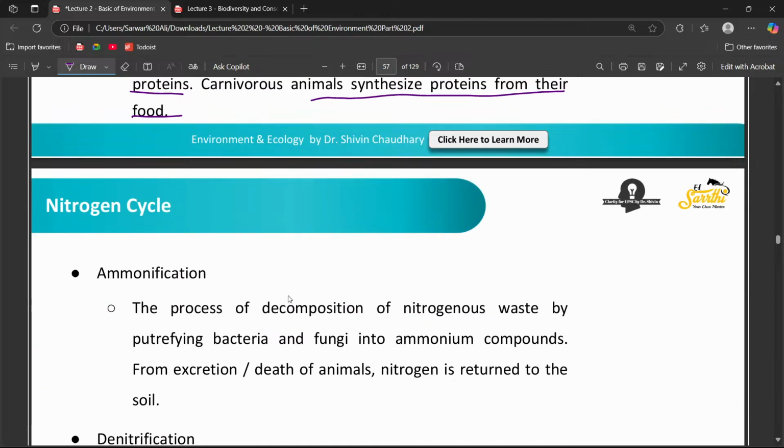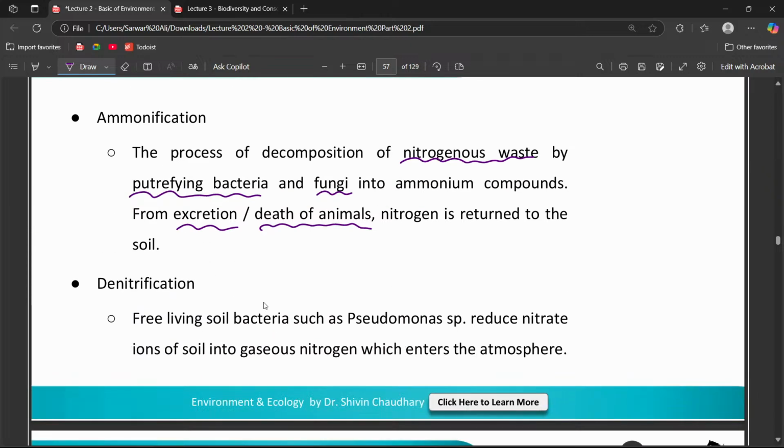Ammonification is the decomposition of nitrogenous waste by putrefying bacteria into ammonium compounds. From excretion and death of animals, nitrogen is returned into the soil. Denitrification: free living soil bacteria such as Pseudomonas reduce nitrate ions of soil into gaseous nitrogen, which enters the atmosphere.